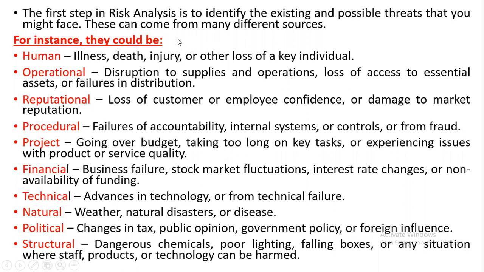Here we will see how we can analyze risks coming from different sources. What are the sources? For example, human beings. You have a small organization or a small industry with some 50 to 60 workers. Because of some illness, for example nowadays, one person got infected with corona and it spread to all the persons.